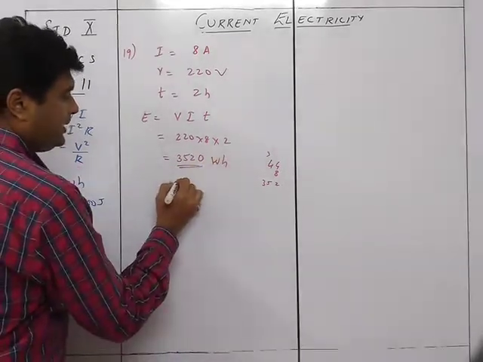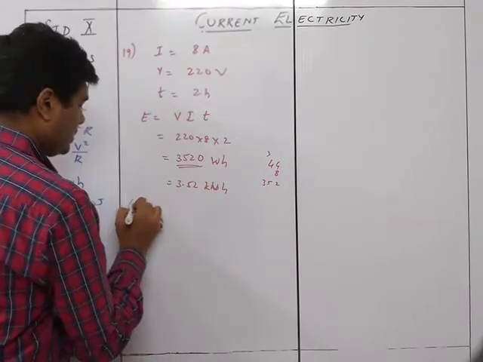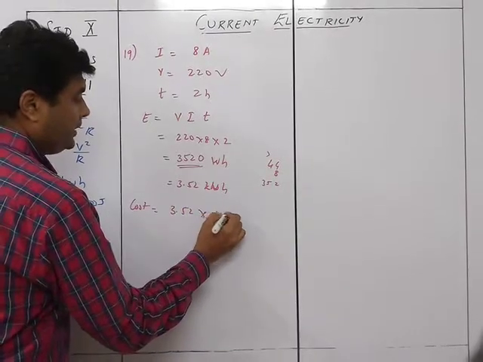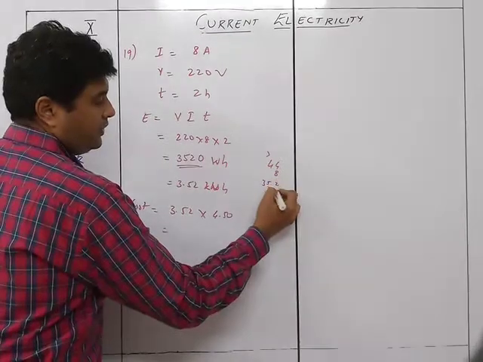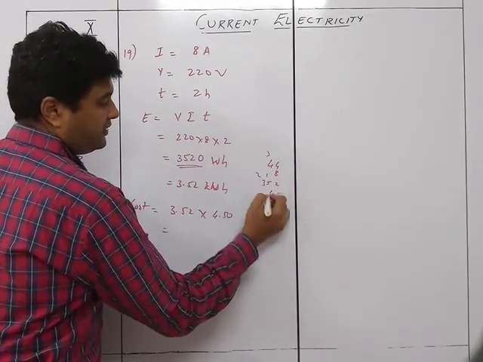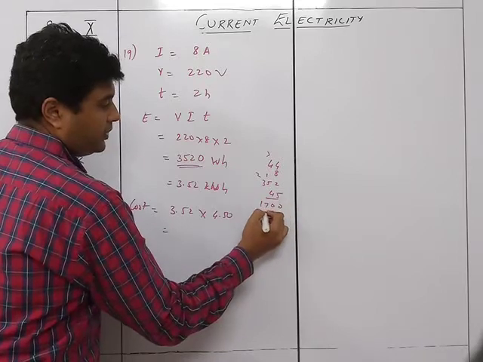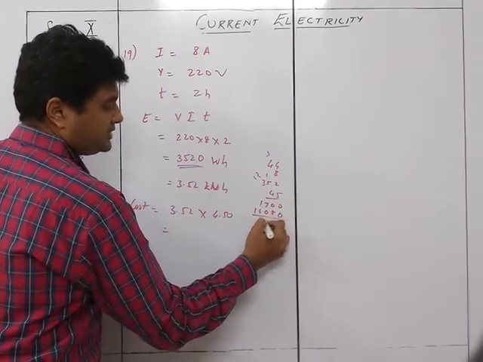Okay, that is 3.52 kilowatt hour. Now cost is equal to 3.52 into 450.